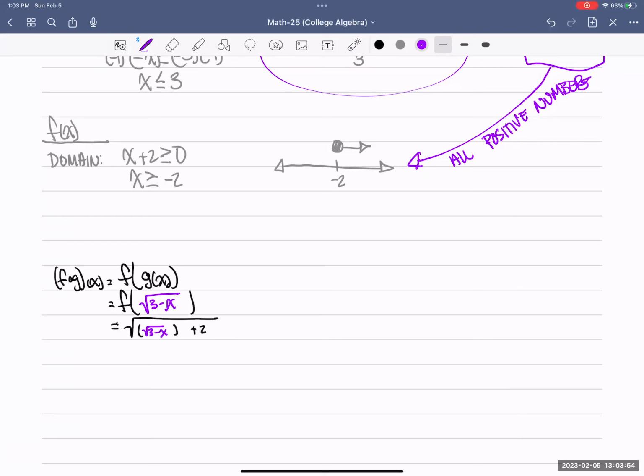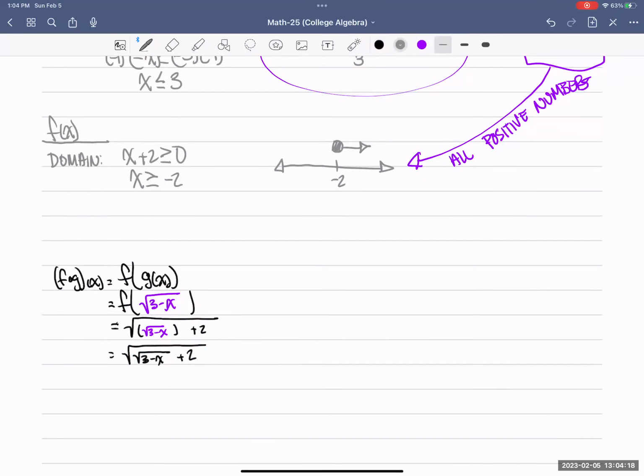So now looking at these values here, we're just looking at what makes this work. If we were to drop the parentheses, we have the square root of 3 minus x, plus 2. We're saying that all of these numbers have to be positive.